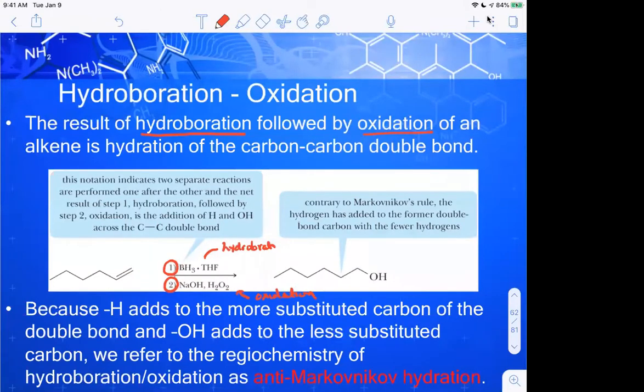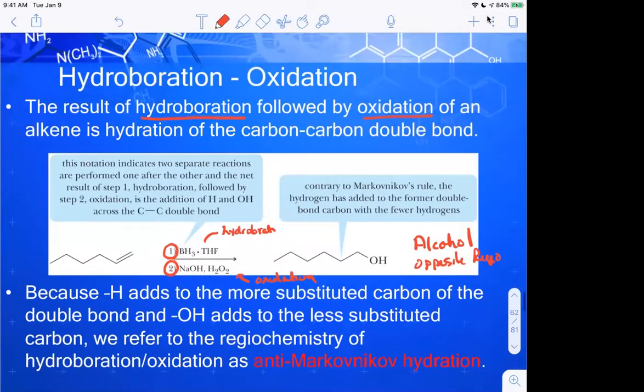The net result then is making an alcohol. So this is another way to make an alcohol. And this actually gives the opposite regiochemistry from before. So what I get is an anti-Markovnikov hydration.